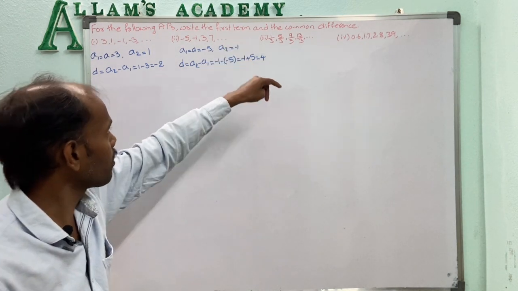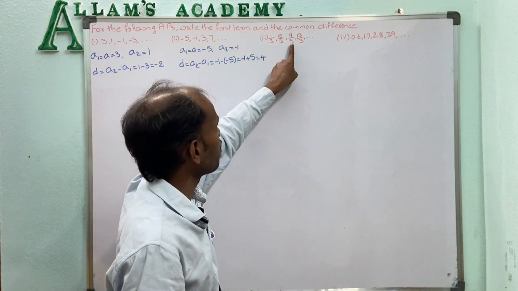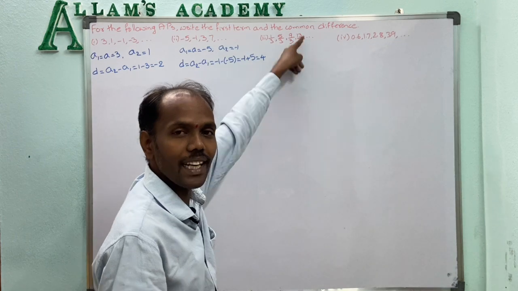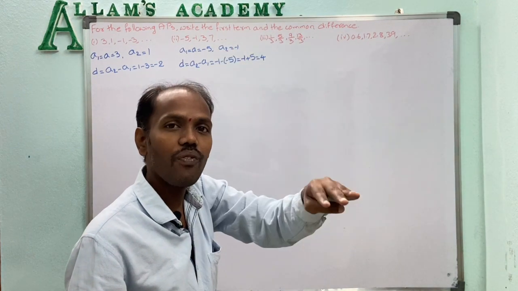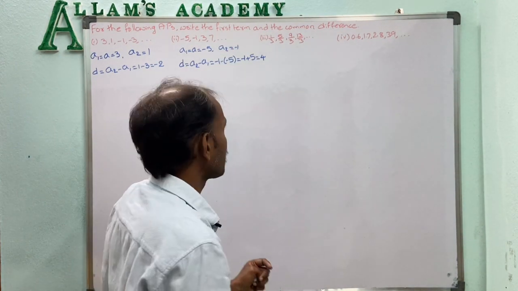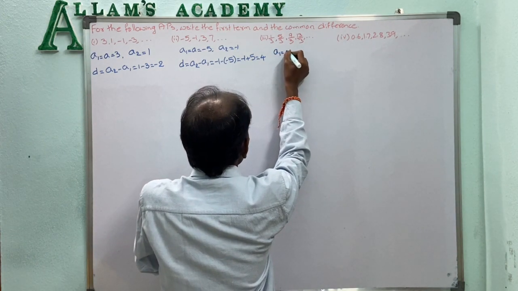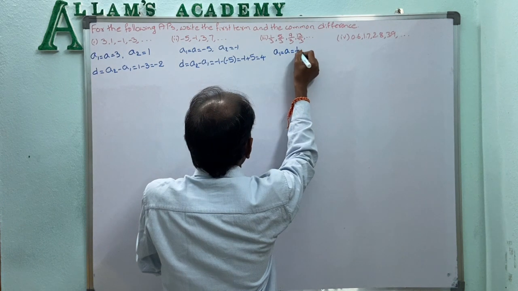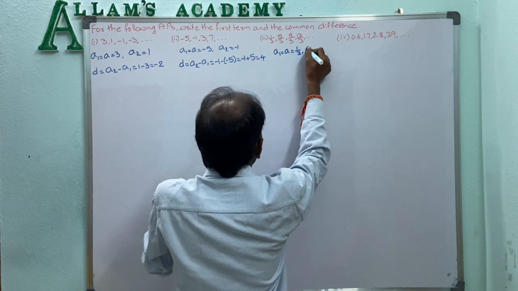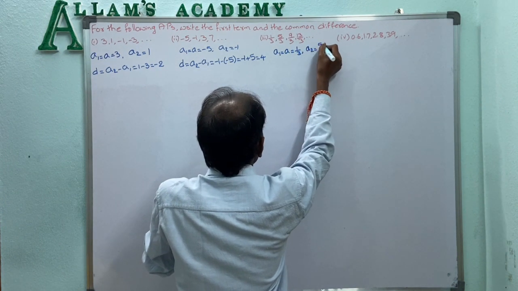Now the next problem given 1 by 3, 5 by 3, 9 by 3, 13 by 3. In this series, what is the first term and what is the common difference? So here the first term A1 is equal to A equal to 1 by 3, and the second term A2 equal to 5 by 3.